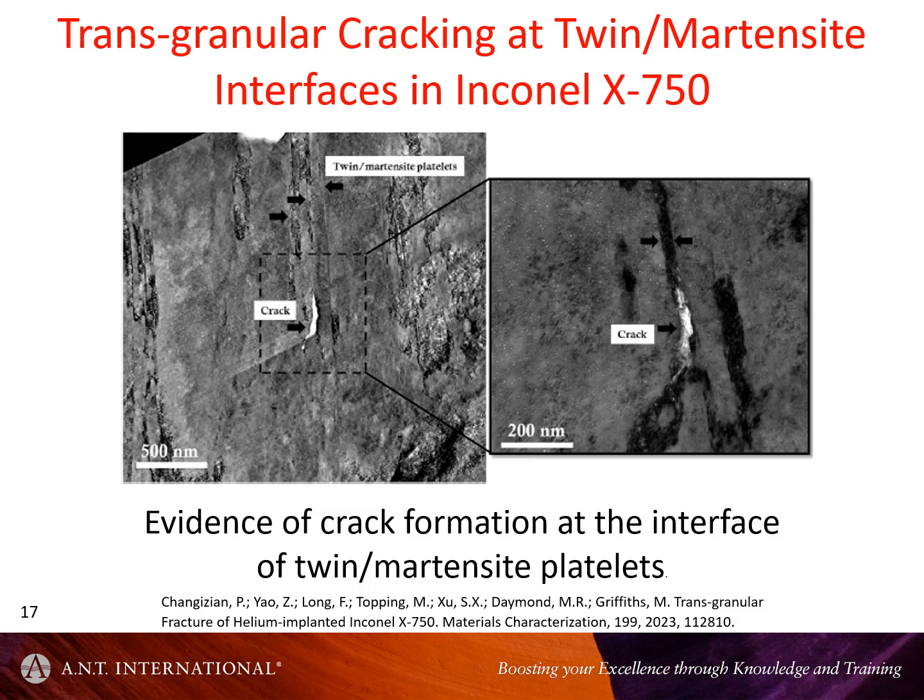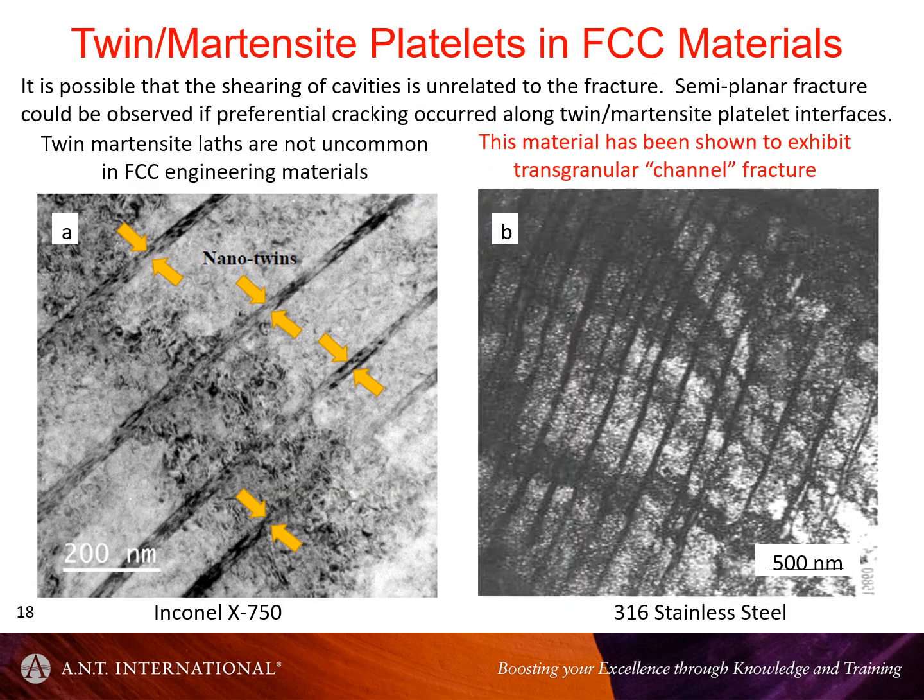So why do I think that this then relates to what Frank described as channel fracture? Well, here's an example of a micrograph from the original work with Hamilton, where Frank is talking about channel fracture, and they were able to show in some of the archive material.